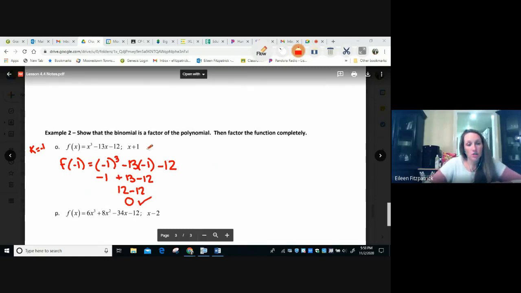That's another way to show that x plus 1 is a factor, because when I plug it in, it evaluates to 0. The third option is to factor.